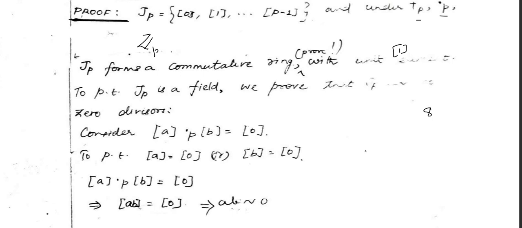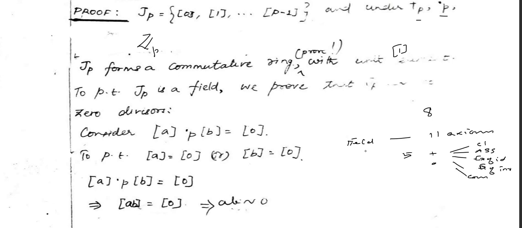See, for a field, remember this, actually we need 11 axioms. What are they? 5 axioms with regard to addition, namely closure, associativity, existence of identity, existence of inverse, commutativity.